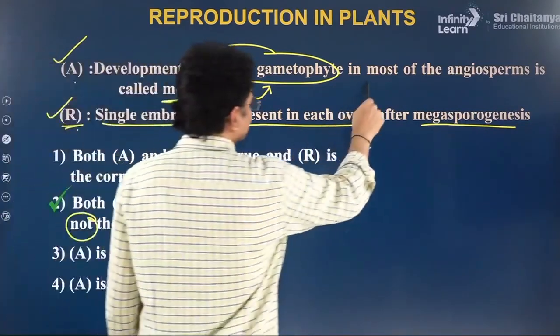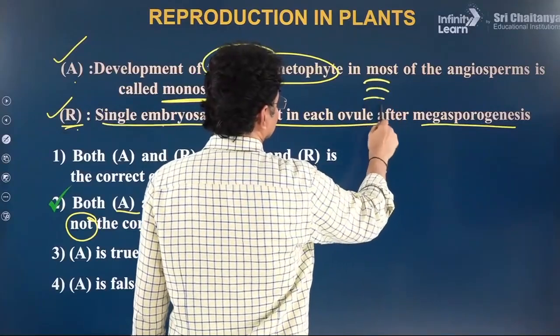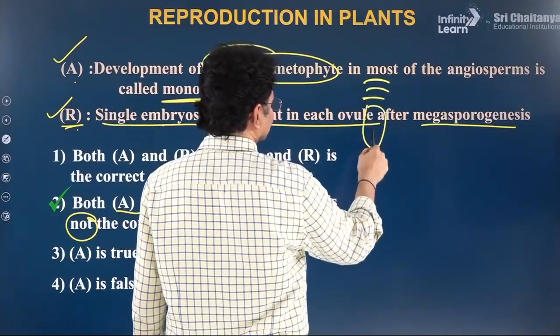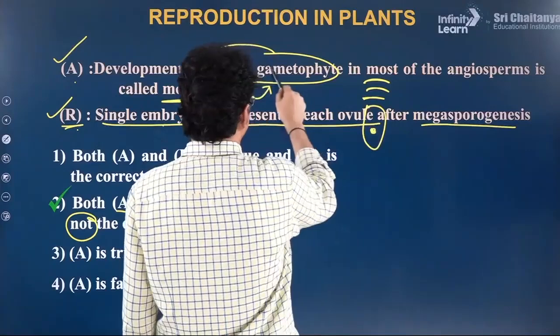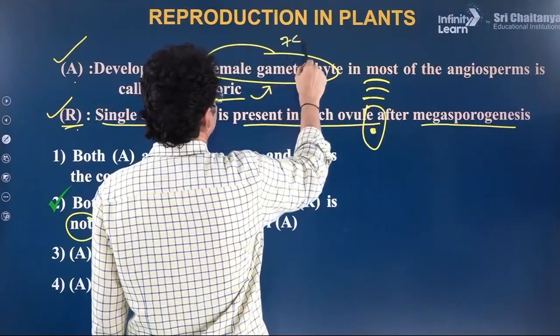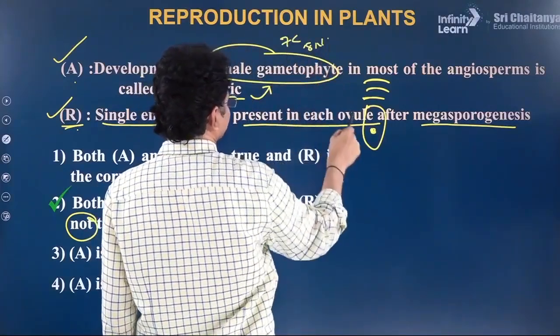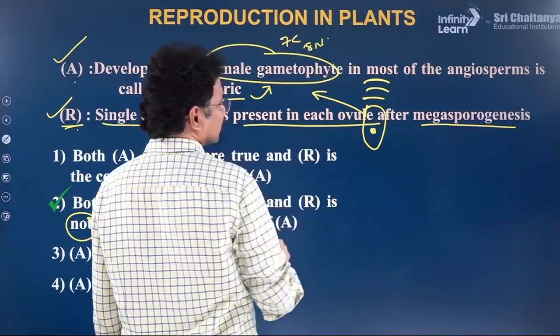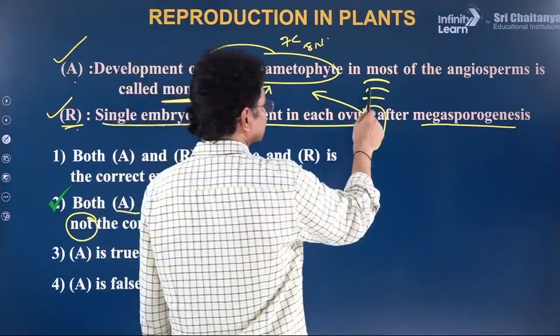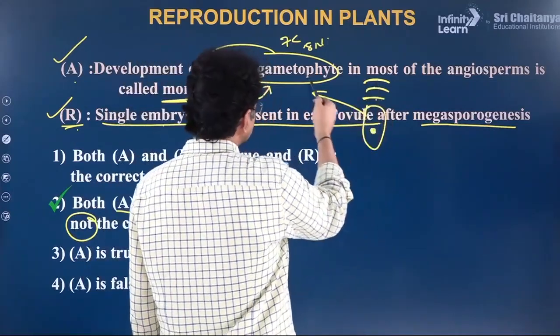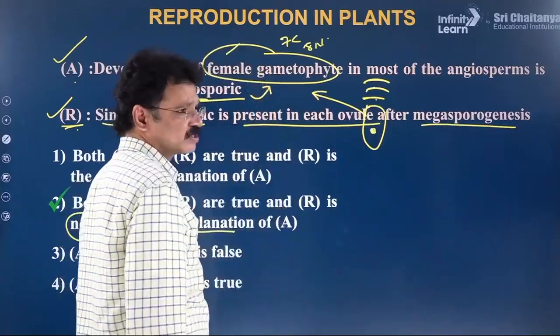Out of 4 megaspores, 3 degenerate, and only 1 functional megaspore is involved in formation of the entire 7-celled, 8-nucleated embryo sac. Whereas in a few kinds of flowering plants, all megaspores are involved in formation of one female gametophyte.